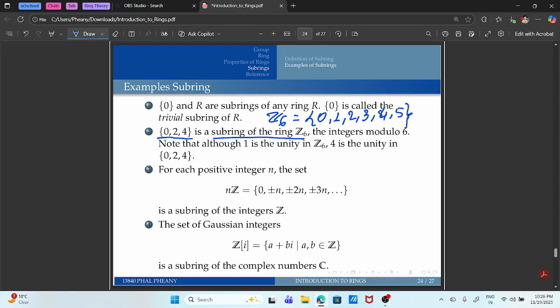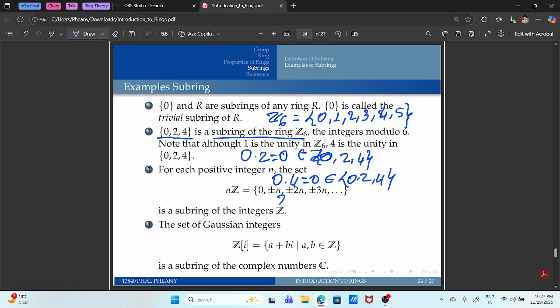Okay, we have to test whether {0, 2, 4} is a subring or not. Suppose we use 0 times 2 equals 0, which belongs to {0, 2, 4}. Suppose we have 0 times 4 equals 0, which also belongs to the subset.